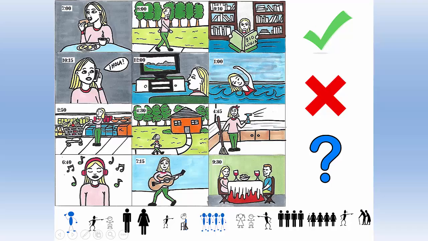So with just one picture alone, you know how to make 30 sentences. And then if you have 12, that's 12 times 30, that's 360 sentence variations in this one activity.